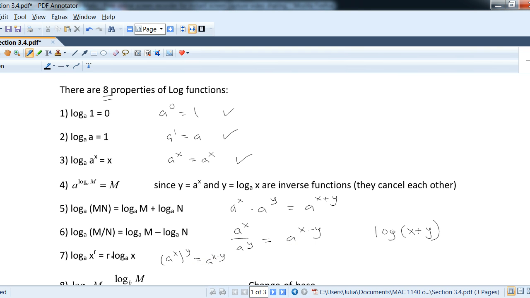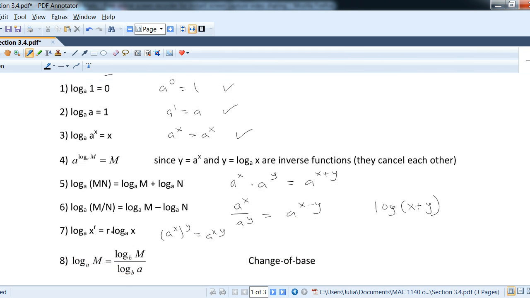What else do we have? We have something that's called change of base, which basically means that log base a of m, or any expression, can be changed to log base b of m divided by log base b of a. So now a becomes the argument and it's no longer a base. Why would we want to do that?